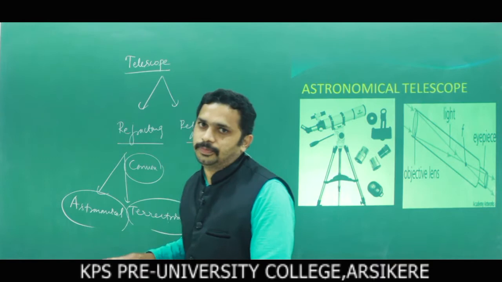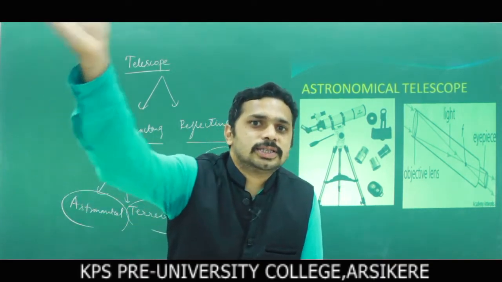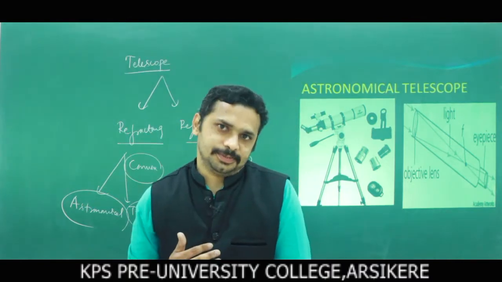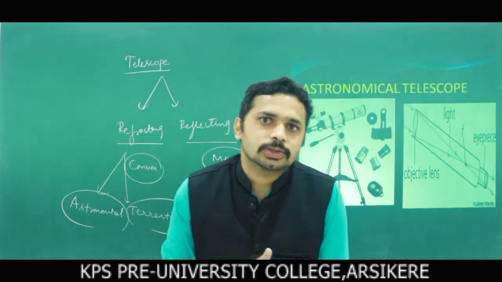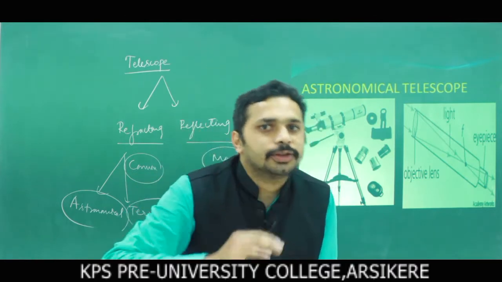An astronomical telescope is an optical instrument to see celestial bodies or celestial objects. A terrestrial telescope is used to see bodies on the surface of the earth.